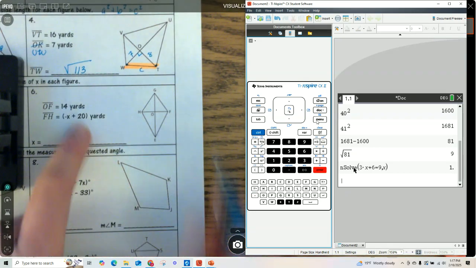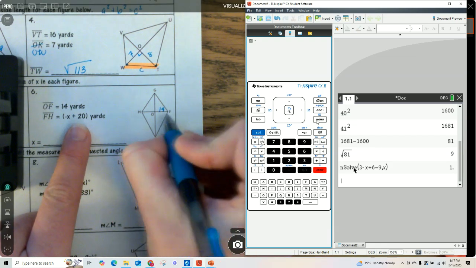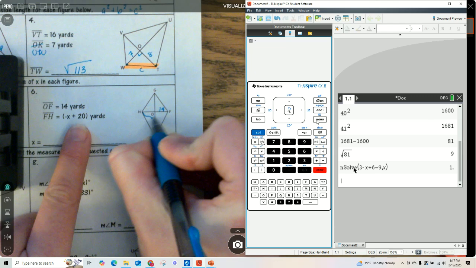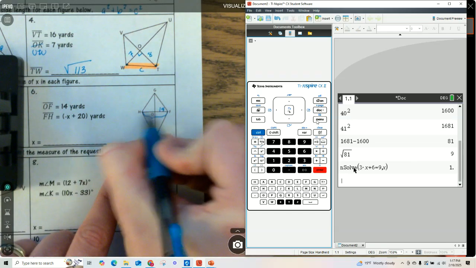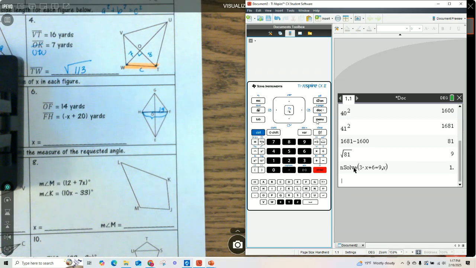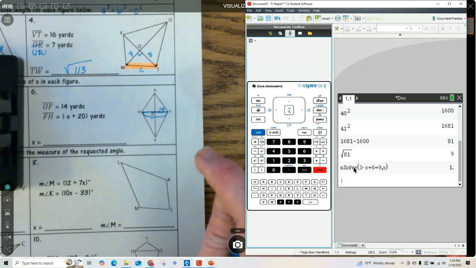All right, OF is 14. And then F to H, that's the whole length of this, is negative x plus 20. So FH, this line right here, is that the long diagonal or is that the short diagonal? Short.